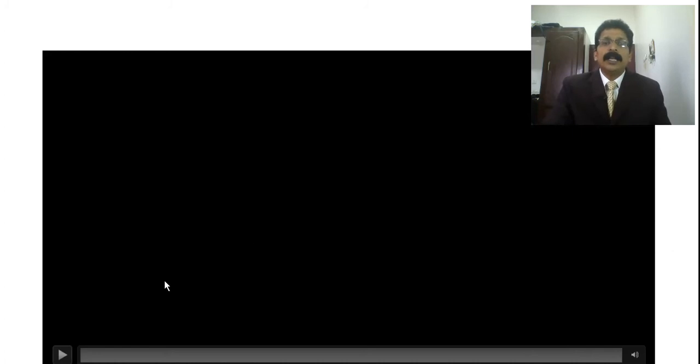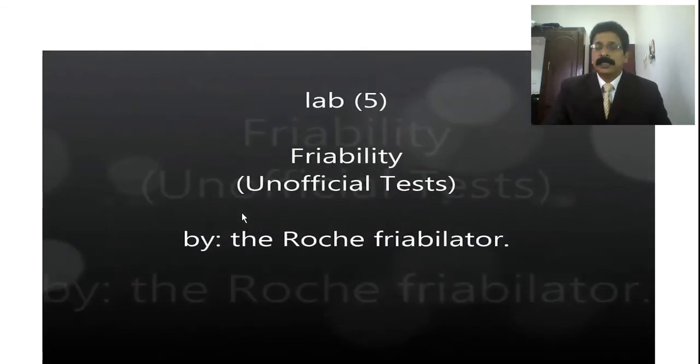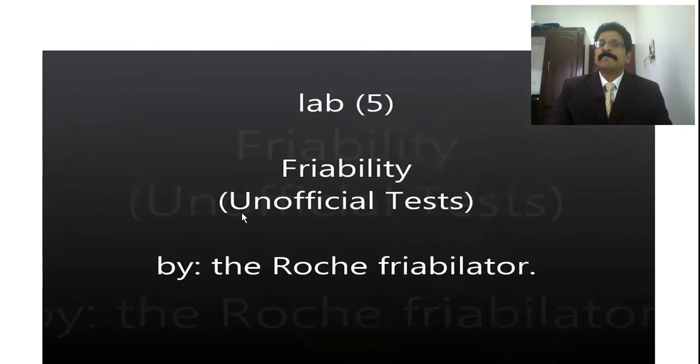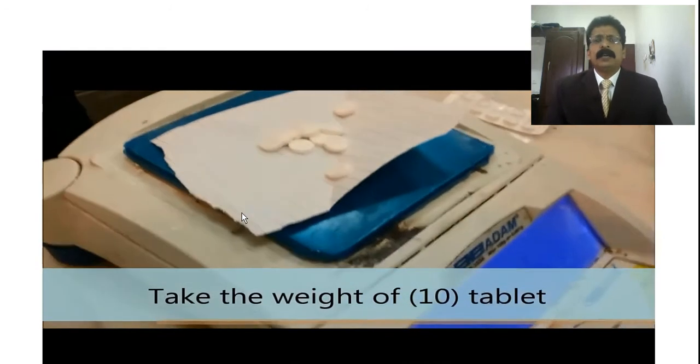See here, we made a video for you to watch, so that you will get an idea of what I said. And the 6 inches, see, you have to take first the weight of the tablets.